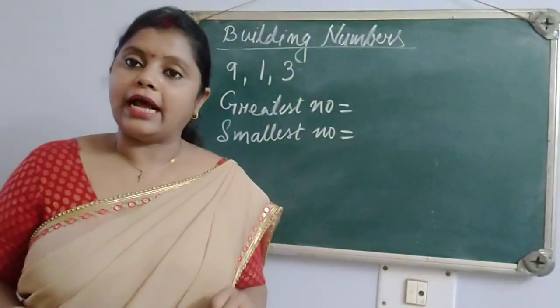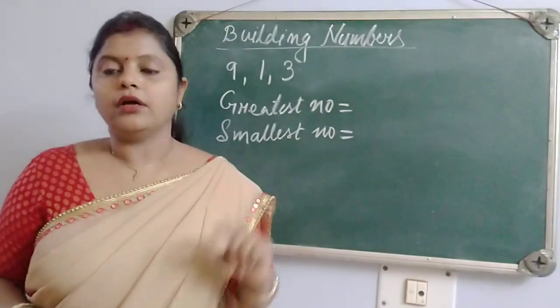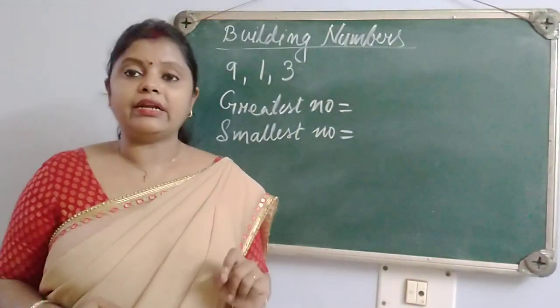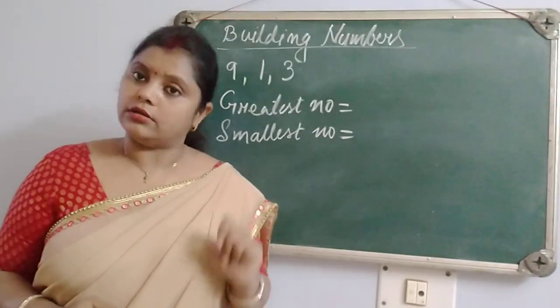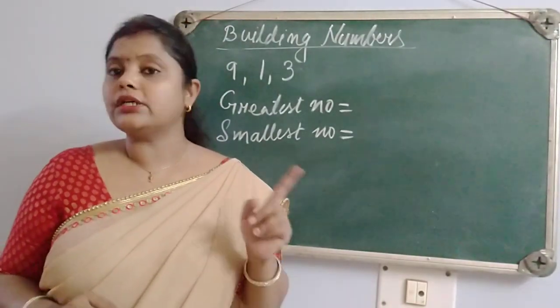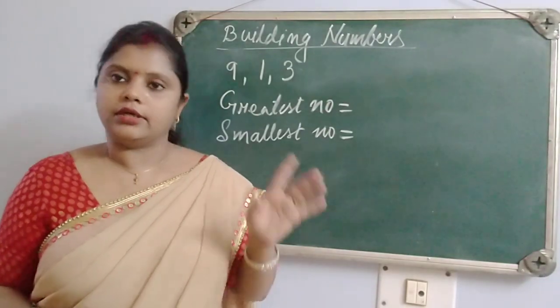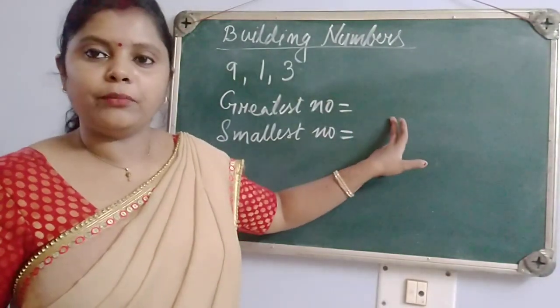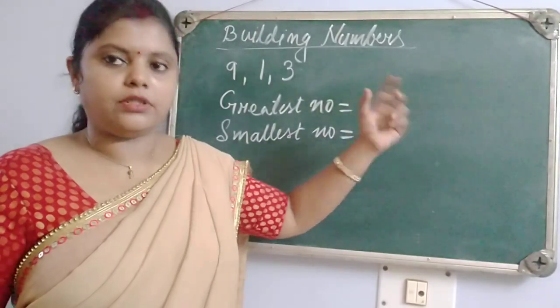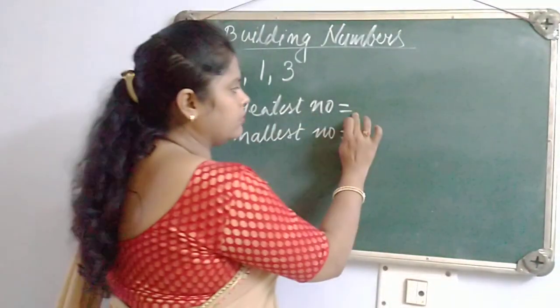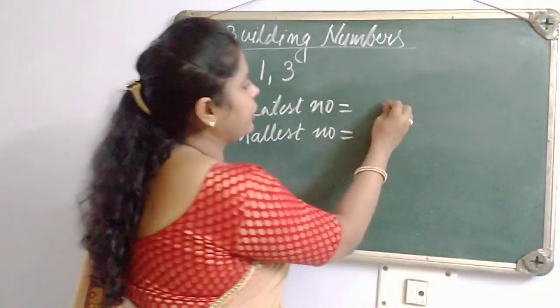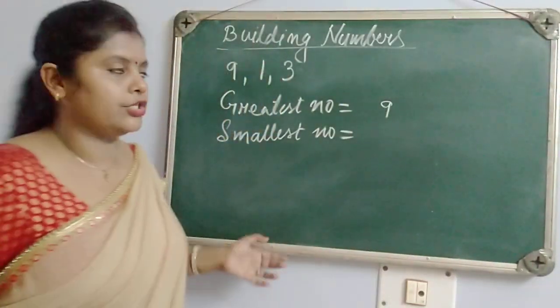As we know, for forming the greatest number, we have to arrange the given digits in descending order. So we are going to do the same work. We are going to arrange the digits in descending order, but I'll leave a little blank place in the front part.